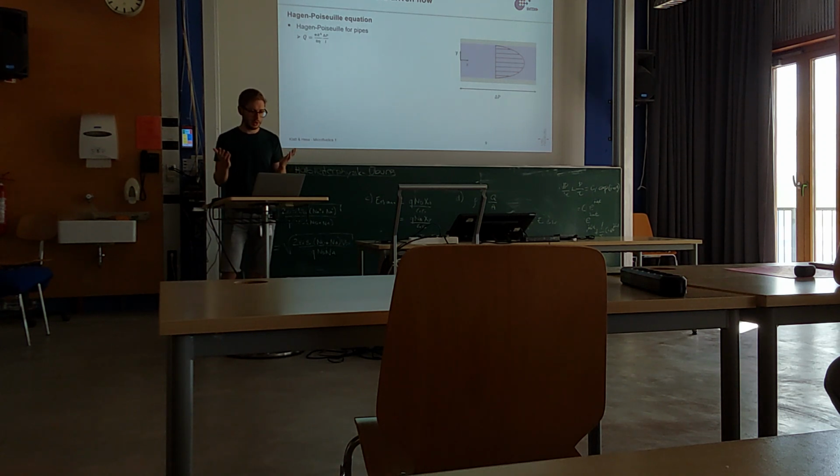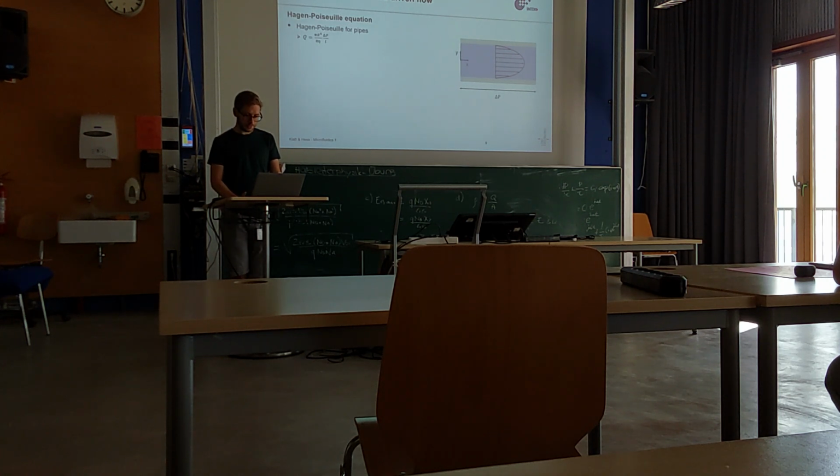This is like the most basic equation from fluid dynamics I wanted you to remember, and this also plays a very important role in the layout of pressure-driven chips, because with this formula, if you have a given pressure, you can calculate the flow rates, or you can calculate the pressure you need to apply to the chip system to achieve a specific flow rate. So this is very handy. You don't have to solve all those Navier-Stokes equations. You can just use this formula, as long as you have laminar flow.